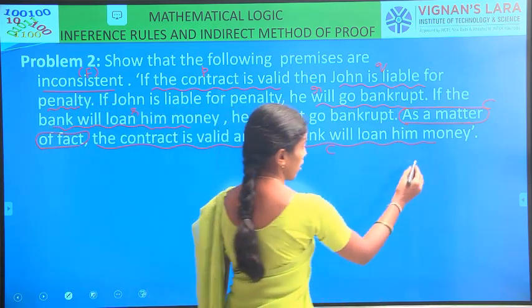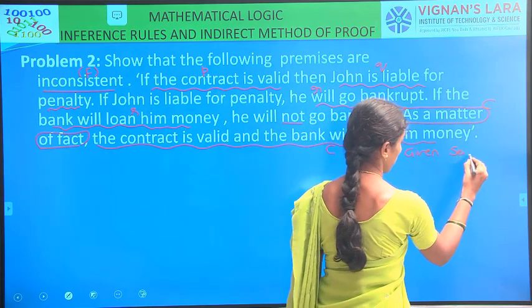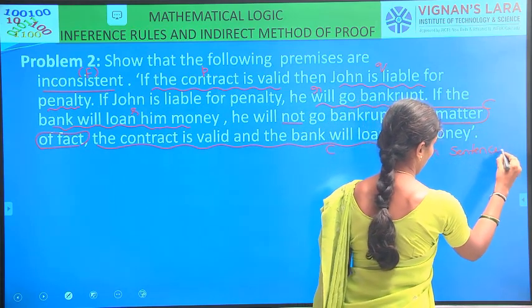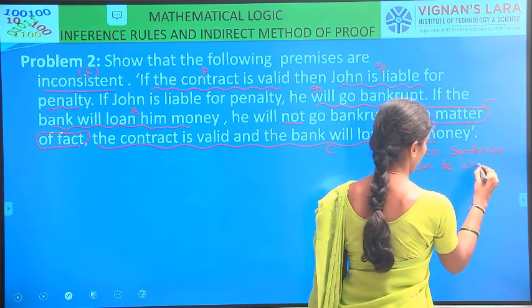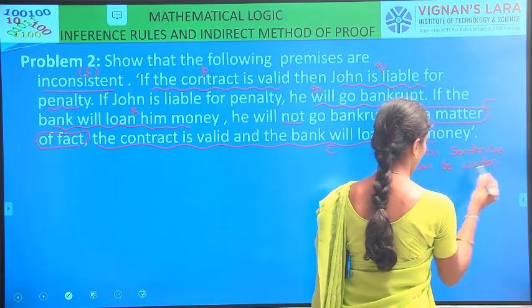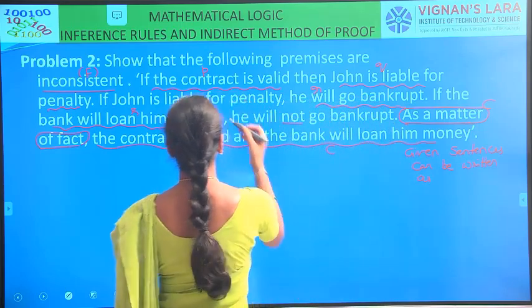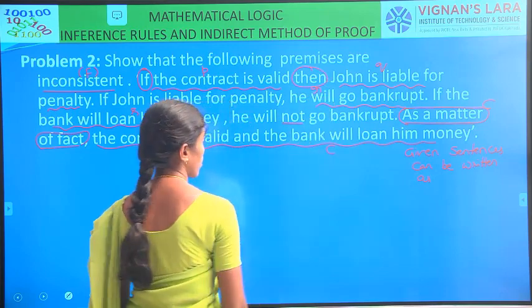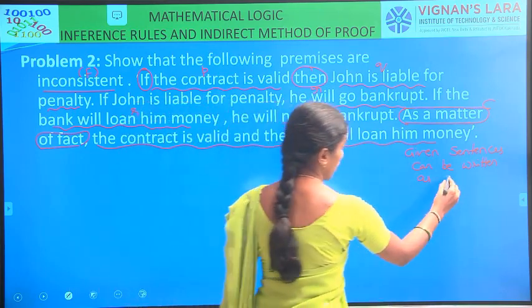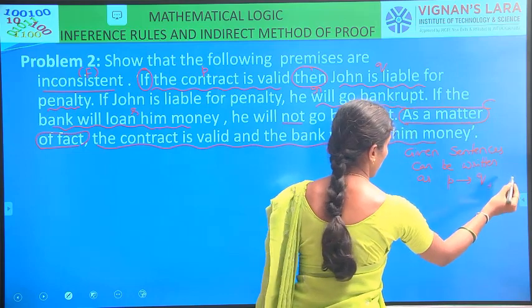See here, the given sentences can be written as, what is the first sentence? If then is there. If then means we need to use conditional. So P conditional Q, right?